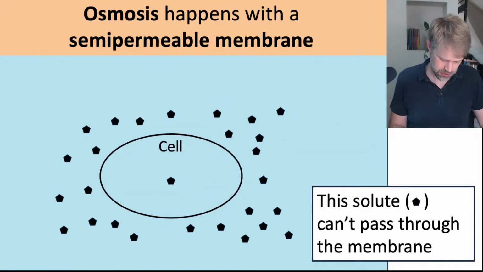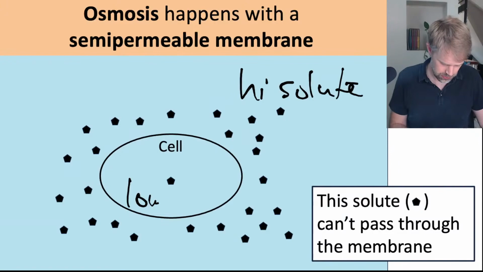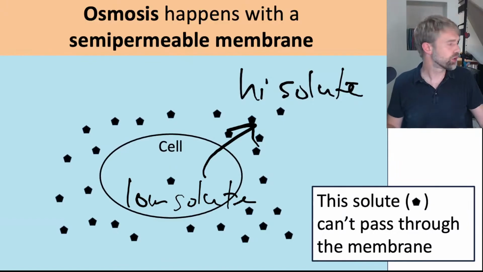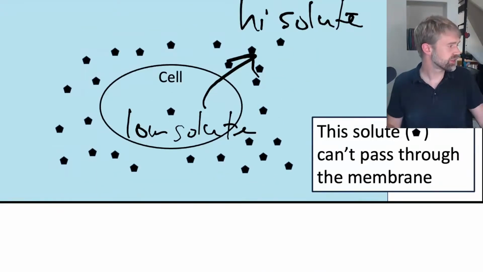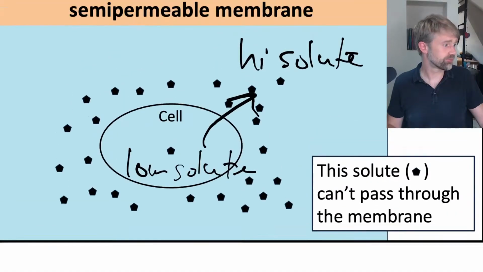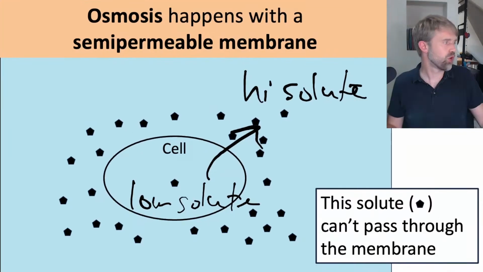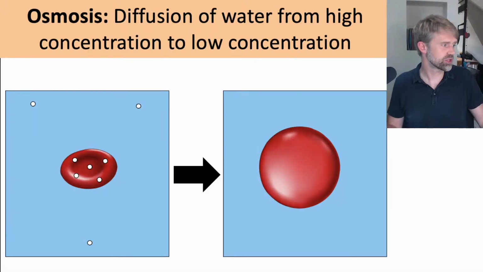Here's high solute. Here is low solute. You can think of water being drawn towards high solute concentration, or you can also think about this in terms of water concentration.